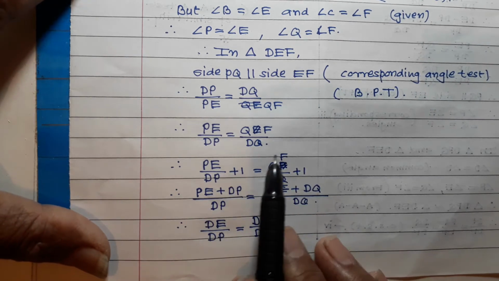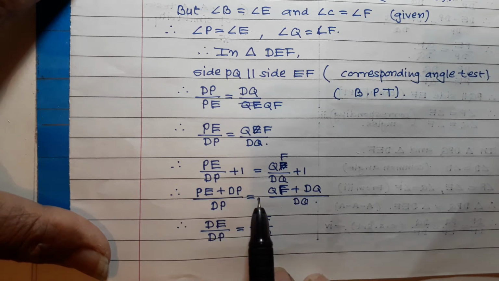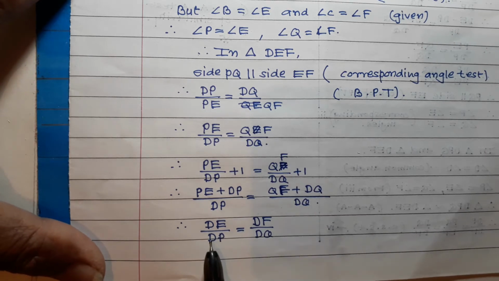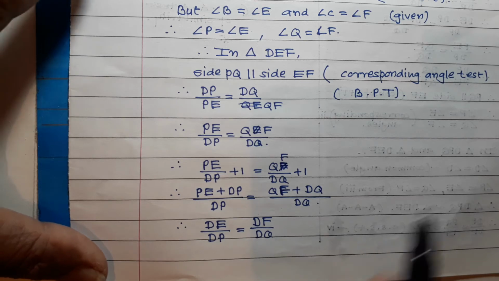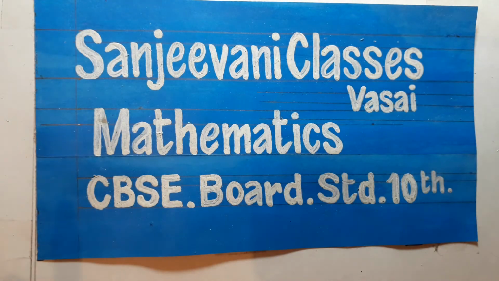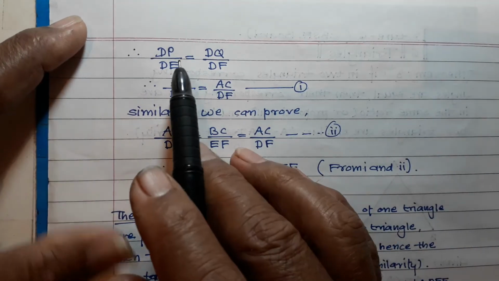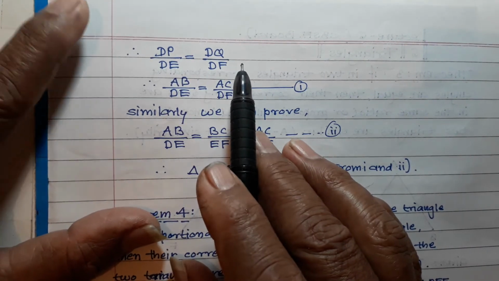If you simplify this you will get (PE plus DP) upon DP is equal to (QF plus DQ) upon DQ, which is DE upon DP is equal to DF upon DQ. And therefore DP upon DE is equal to DQ upon DF.